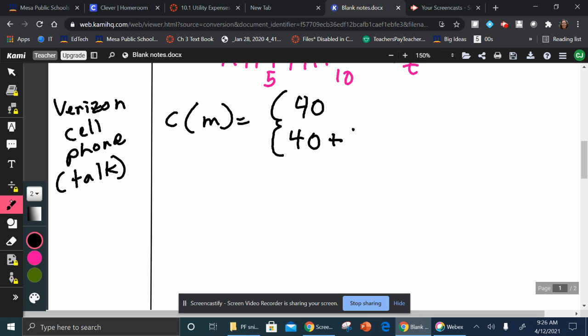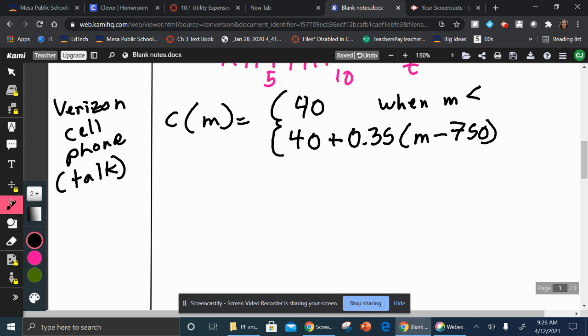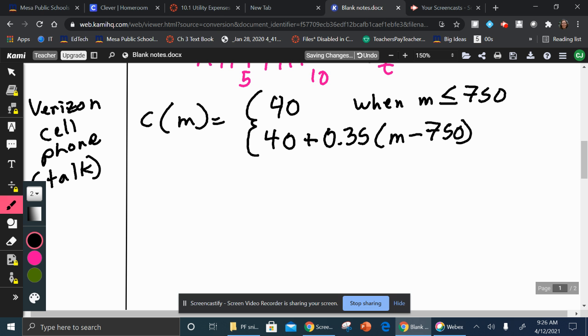And then it's going to be $40 plus 35 cents per minute over 750 minutes. Okay. So when the number of minutes is less than or equal to 750 minutes, we have that one. Okay. When the number of minutes is more than 750, we would be right here.